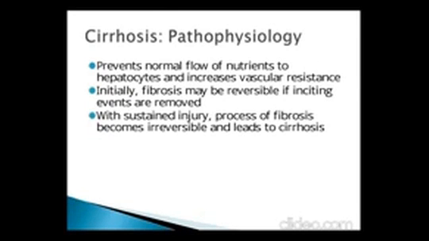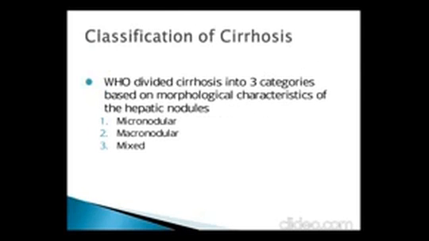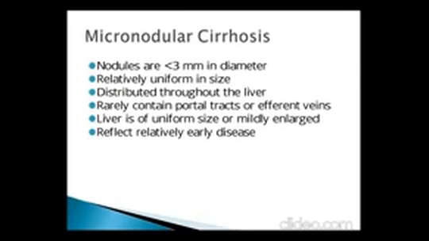WHO divides cirrhosis into 3 categories based on morphological characteristics of these hepatic nodules: the micronodular, the macronodular, and the mixed one. Now coming to micronodular cirrhosis. Here the nodules are less than 3 mm in diameter, by definition.